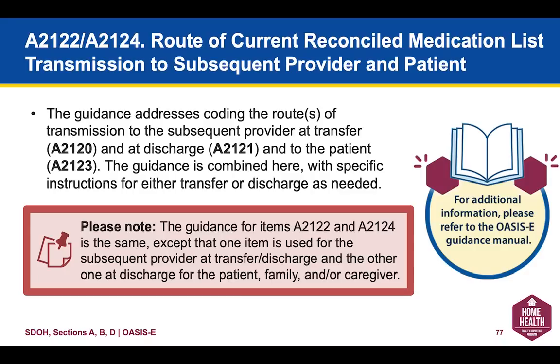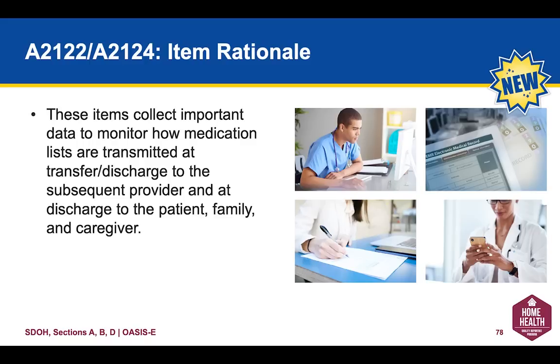There is additional guidance for these data elements that can be found in the OASIS-E manual, so please take some time to review this information closely. The rationale for collecting the route of transmission of data elements is to monitor how medication lists are transmitted at transfer and discharge to the subsequent provider, and at discharge to the patient, family, and/or caregiver.